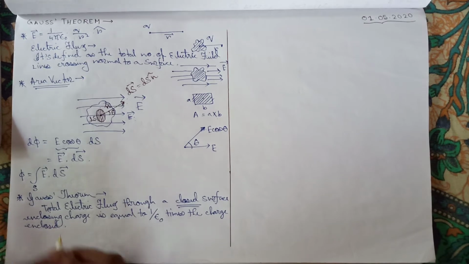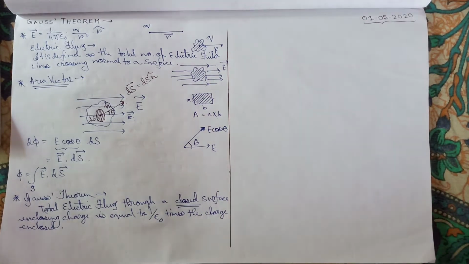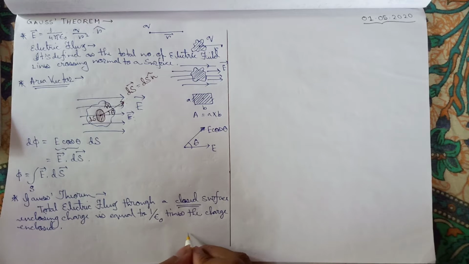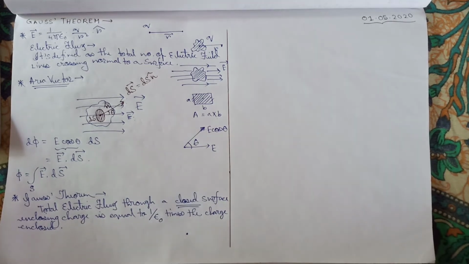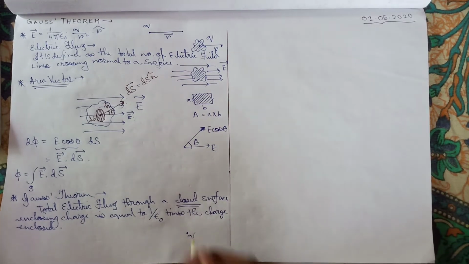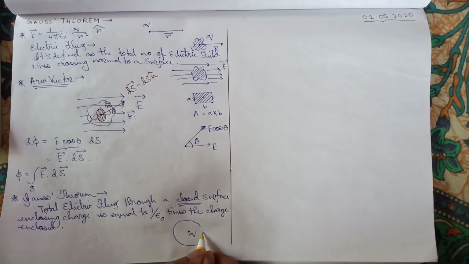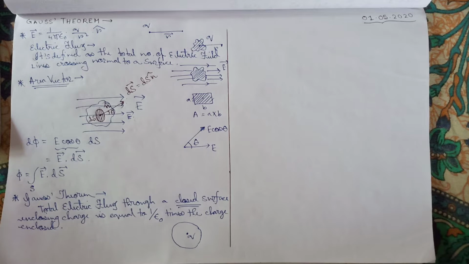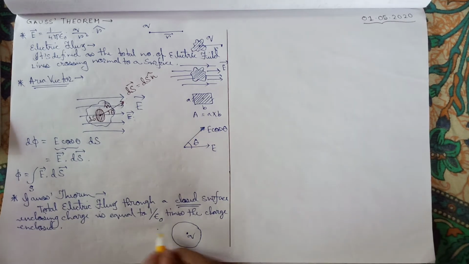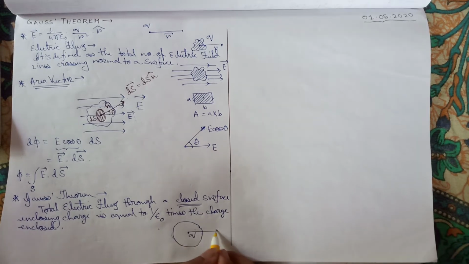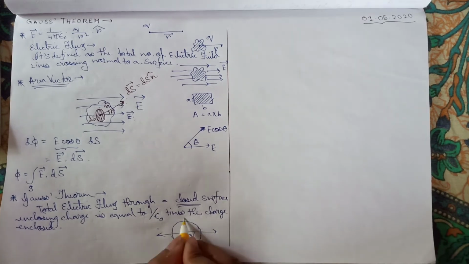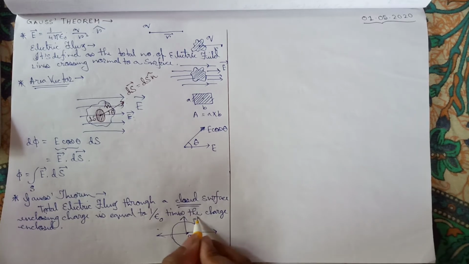So what is meant by that? Suppose a charge is taken like that. If we consider a closed surface area like that, then the electric flux passes through that total surface area. The electric field lines will be like that, right?